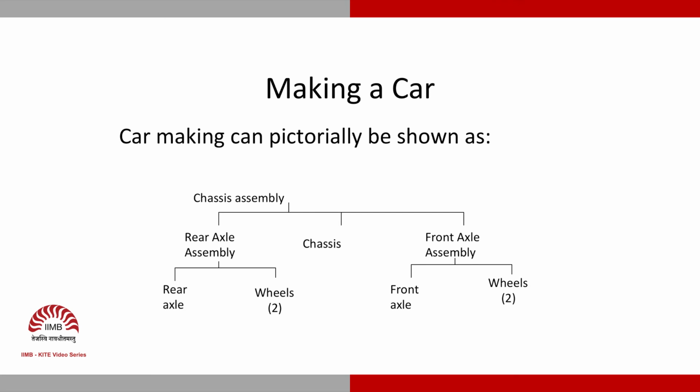On this chassis assembly, I have to put the body, right. So, I bring in the body. Once I put the body in it and put it together, lo behold, the car is made. This is how we have pictorially depicted how a car is made, starting from low end items like rear axle, front axle, wheels, and then chassis, then put the body and then the car.